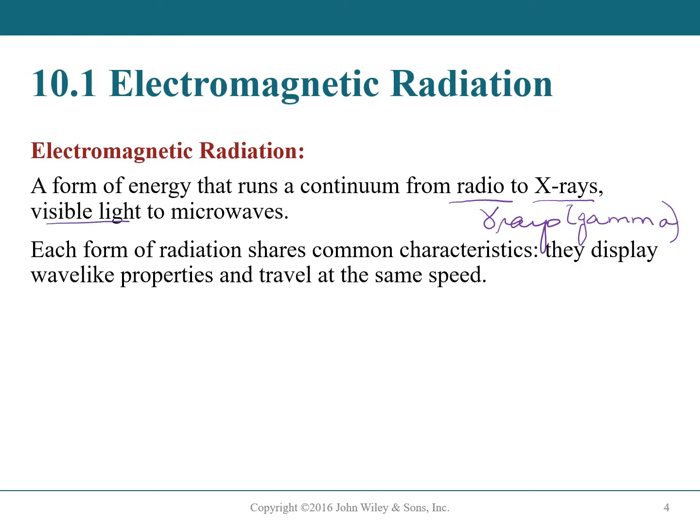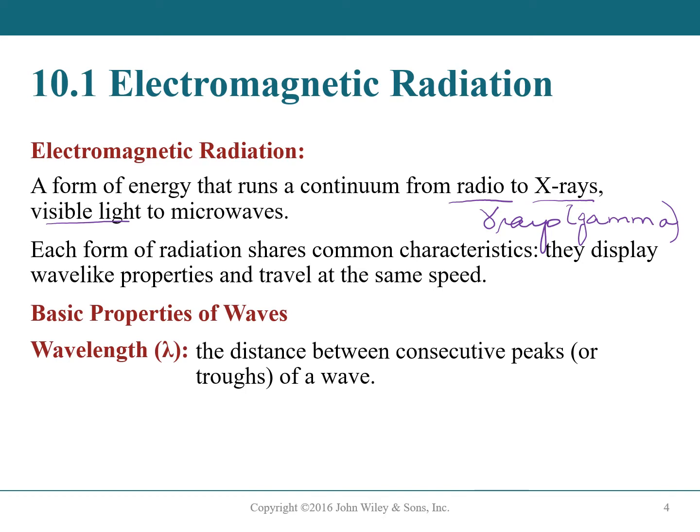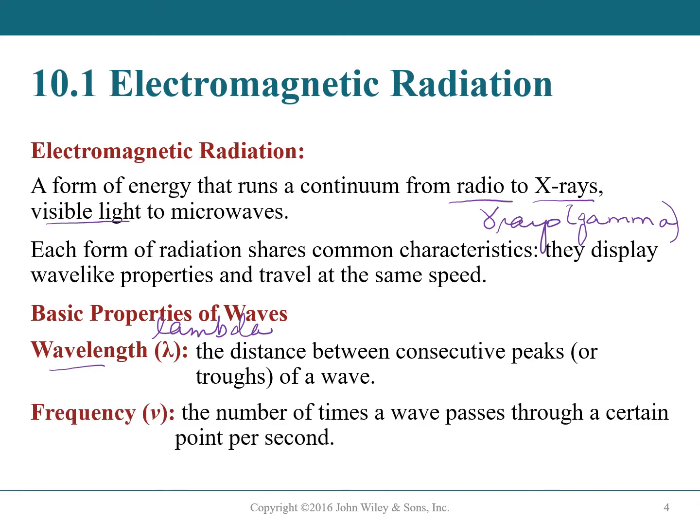So what are the characteristics? Well, when we define a wave, we always talk about a wavelength, and we abbreviate it with a Greek letter called lambda. And this is the distance from peak to peak of a wave. And we talk about frequency, and this is abbreviated nu, also a Greek letter. So when we talk about waves, we have wavelength, frequency, and speed.